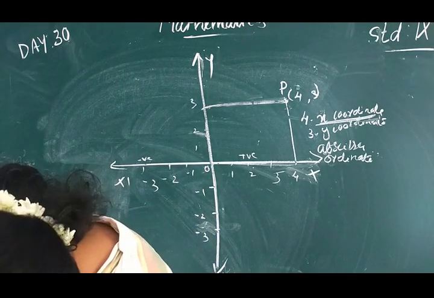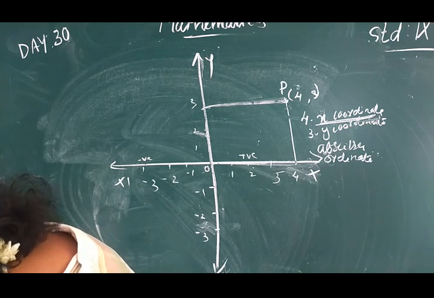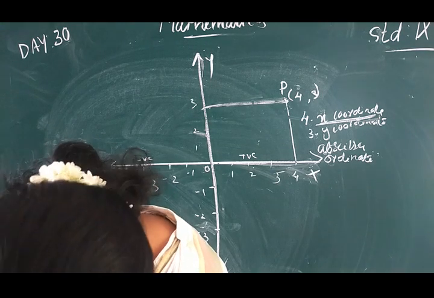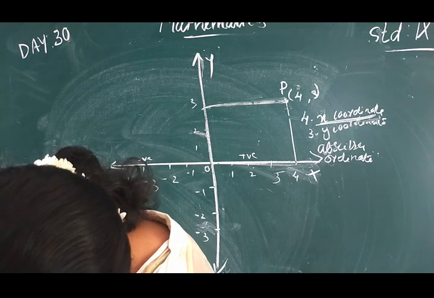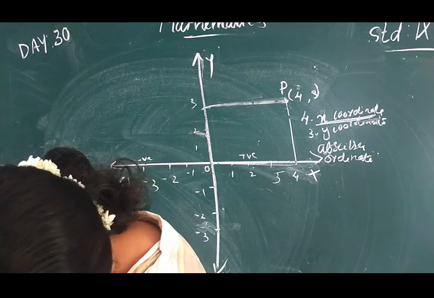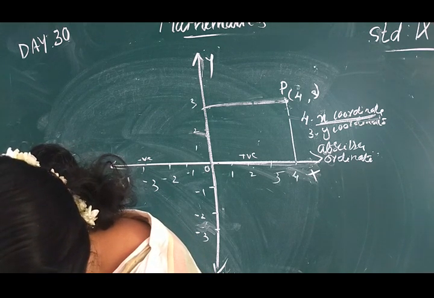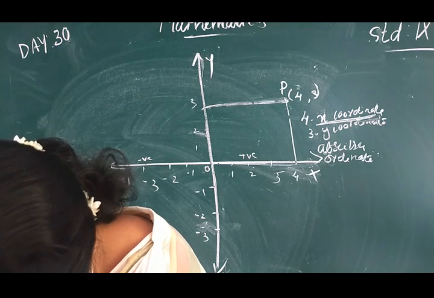One more figure is there, in your textbook page number 57. Underline this. The x coordinate of a point is its perpendicular distance from the y-axis, measured along the x-axis. Underline that sentence.